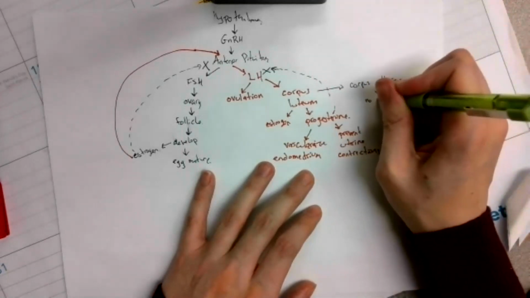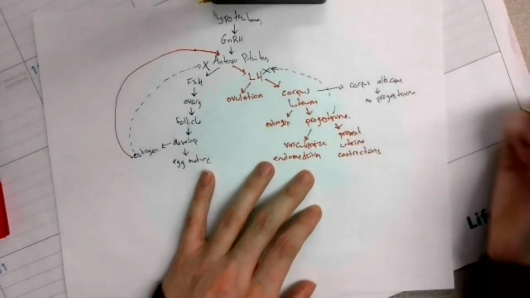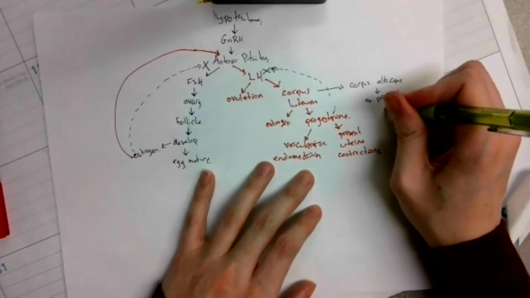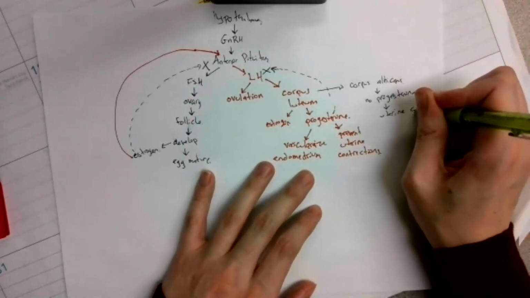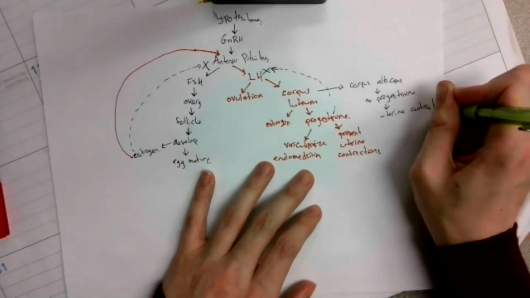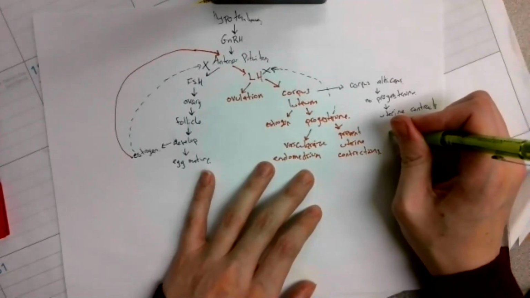At that point, there is no more progesterone being released, which is going to cause uterine contractions, which will cause the endometrium to be shed.